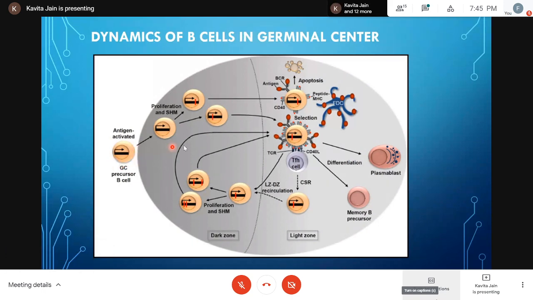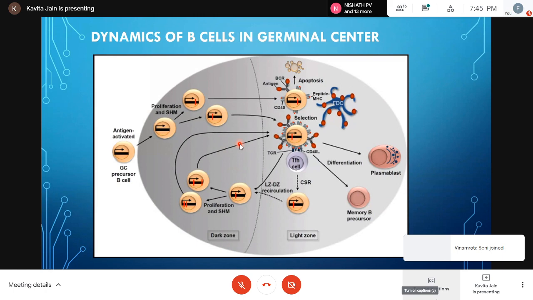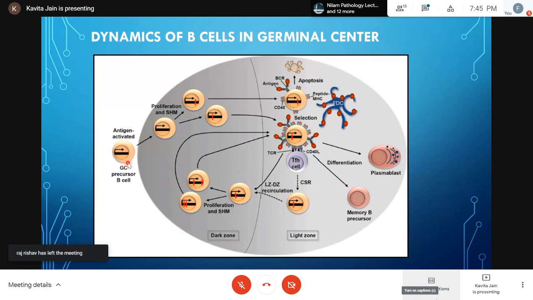Note that the primary follicles are devoid of any germinal center initially. Once the B cells get activated, with the help of BCL6, the transcription regulator, they move into the center of the follicle.